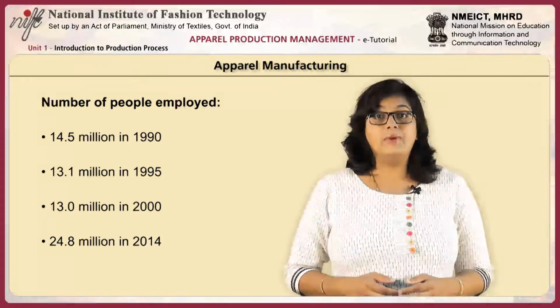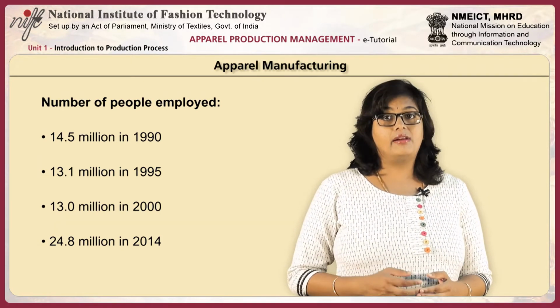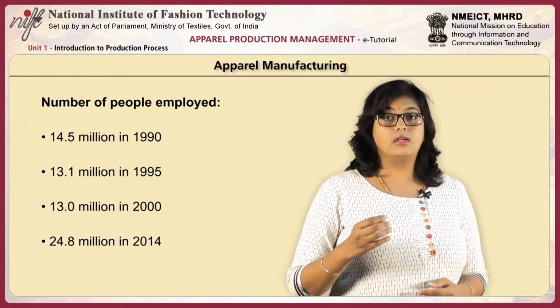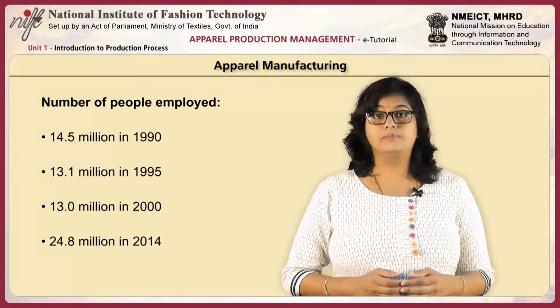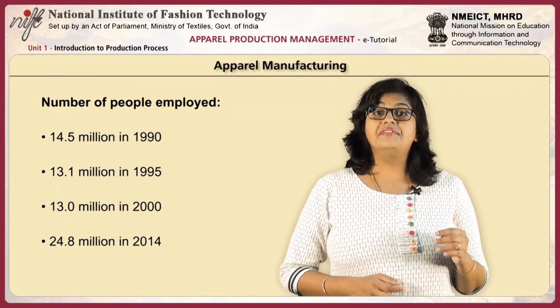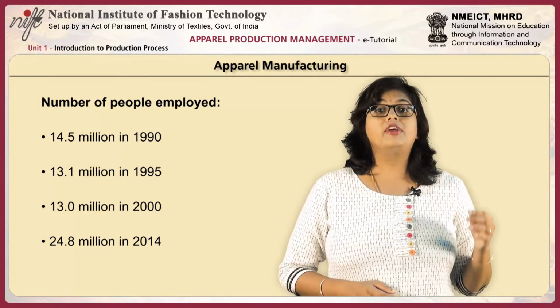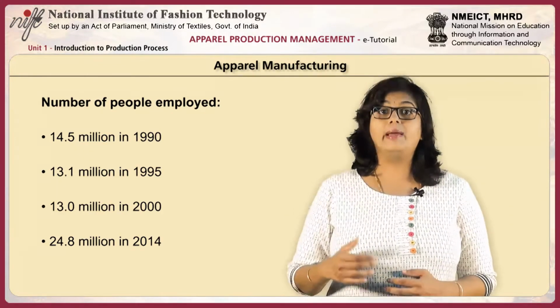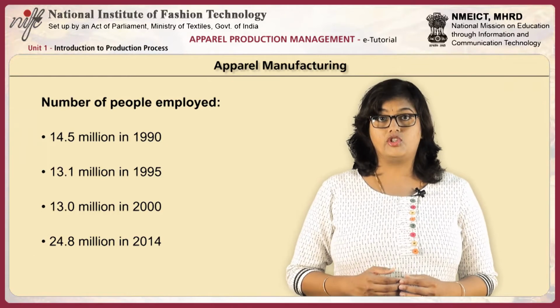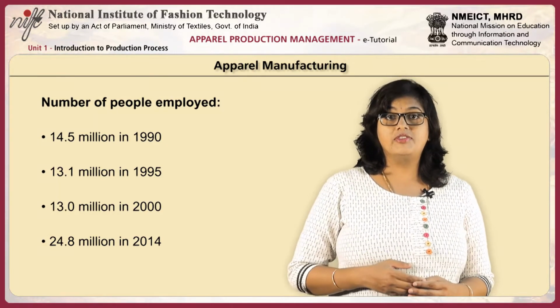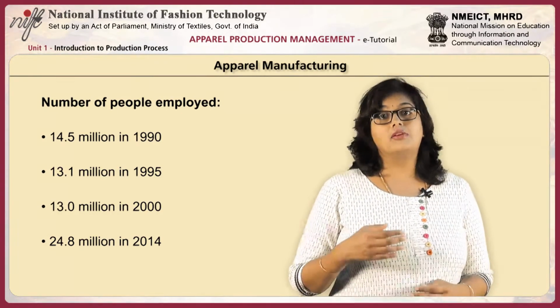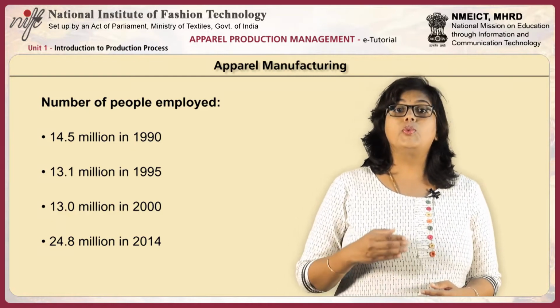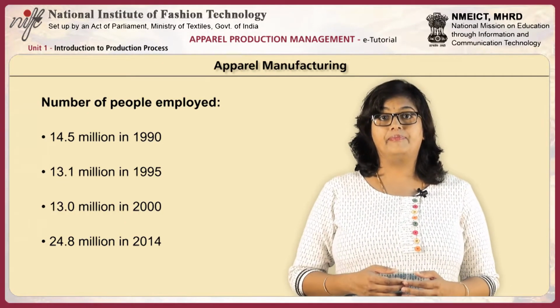The number of people employed in the apparel industry is also something we should know about. While in 1990 there were 14.5 million people employed in the apparel industry, by 2014 it has nearly doubled to 24.8 million.